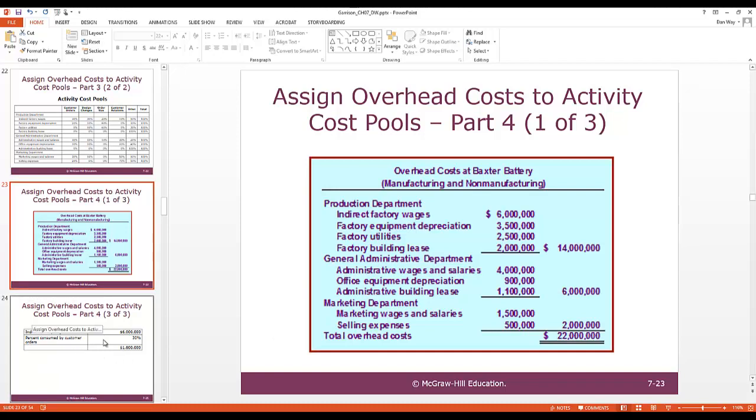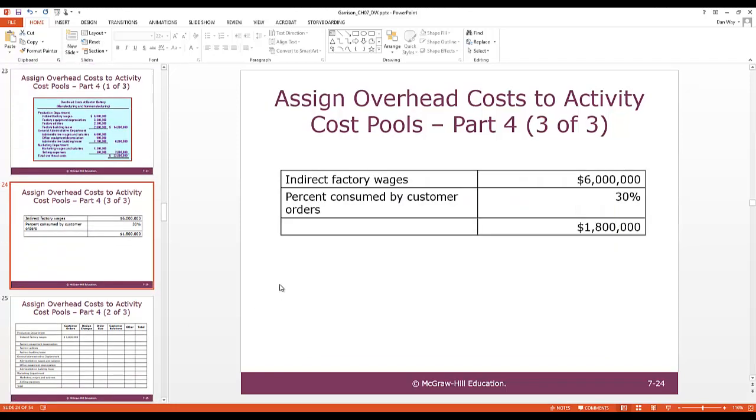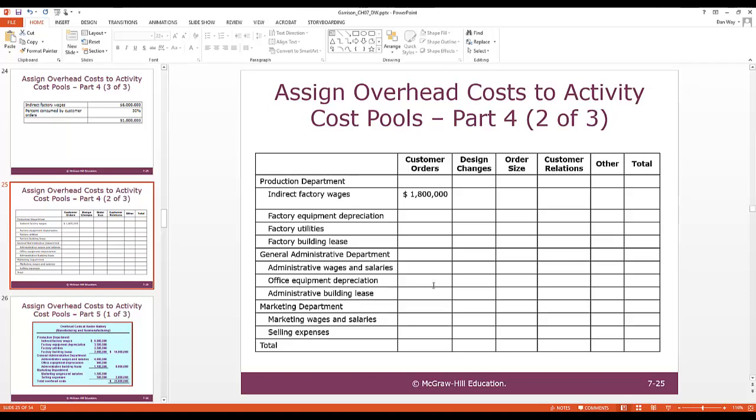Taking those one at a time, just for some explicit examples. Indirect factory wages were a total of $6 million, and in our allocation matrix we'd said that 30% of that is consumed by customer orders. So that means we're going to assign $1.8 million, which is 30% of the $6 million, to that particular customer order cost pool. And we can show that real quick here.